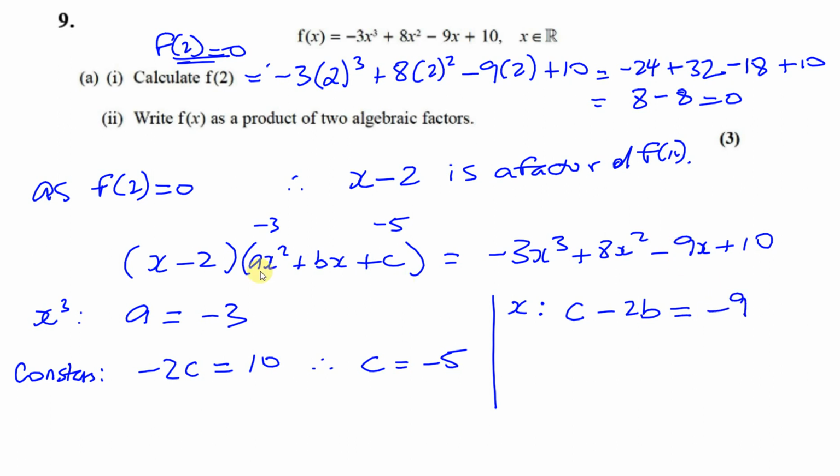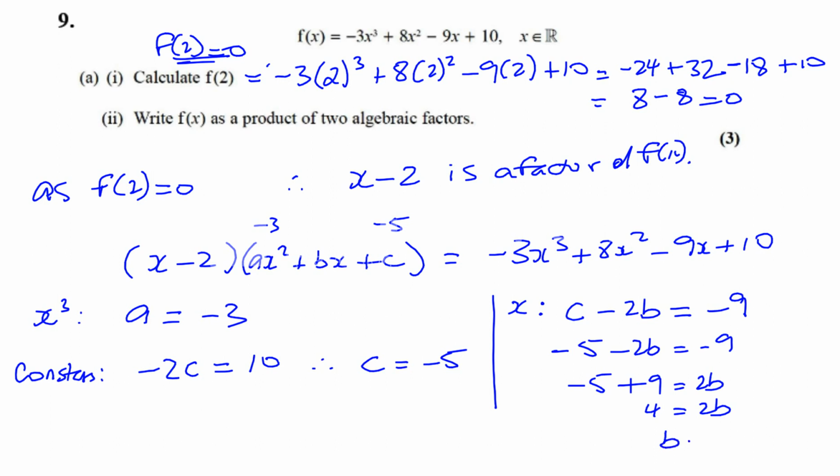I could have used x squared if I wanted to, in which case it would be minus 2a plus b equals 8. Because I already know what c is, I can say minus 5 minus 2b is equal to minus 9. So minus 5 plus 9, which is going to be 4, is equal to 2b. So b is equal to 2.